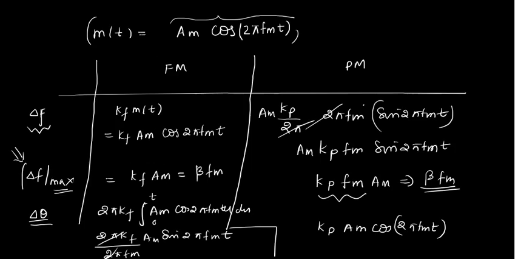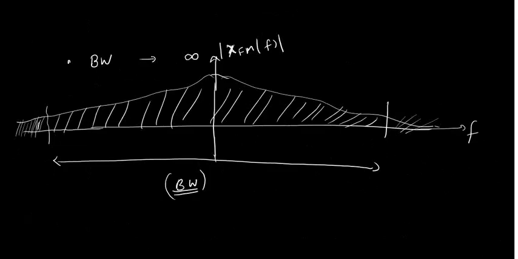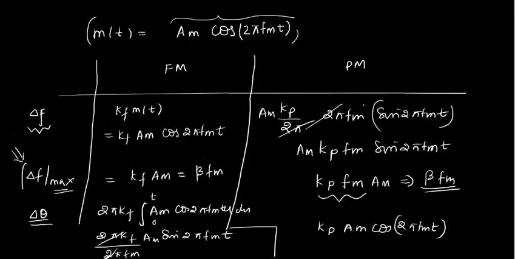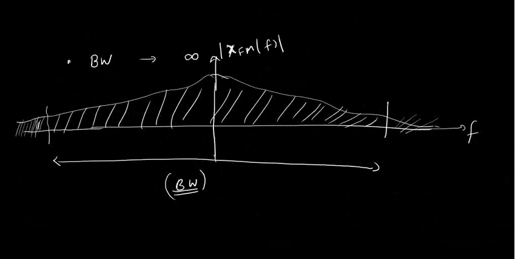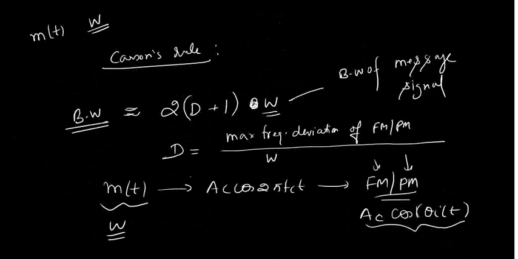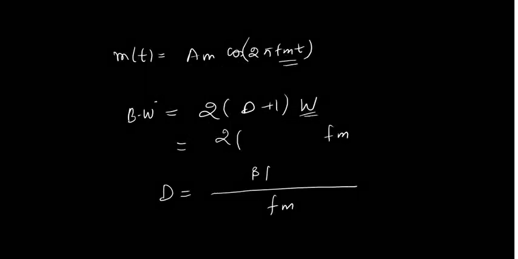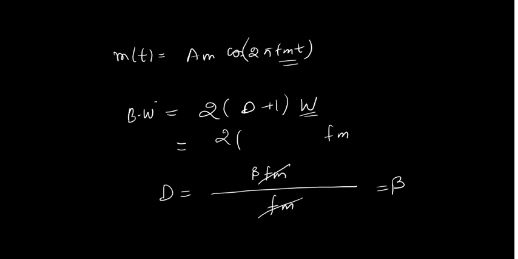So maximum frequency deviation, we have evaluated it somewhere, correct. It is beta fm, right. So D is beta. So when your message signal is sinusoidal, your bandwidth is 2 times (beta plus 1) into fm.